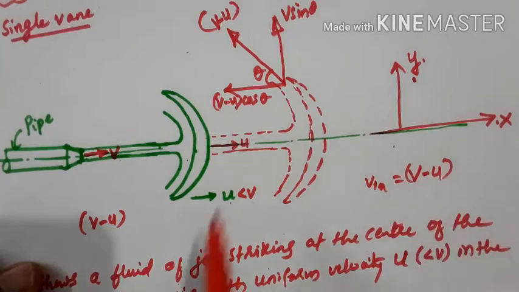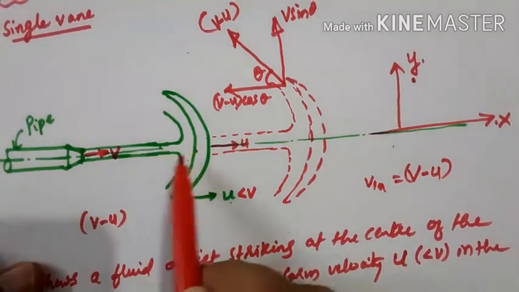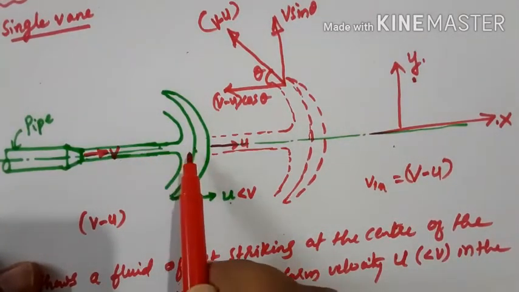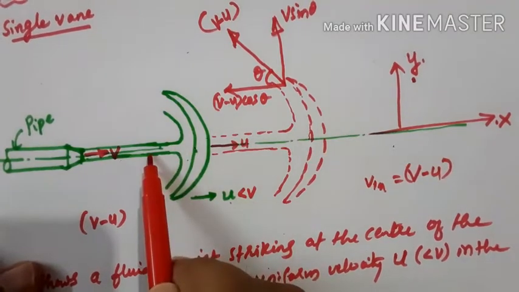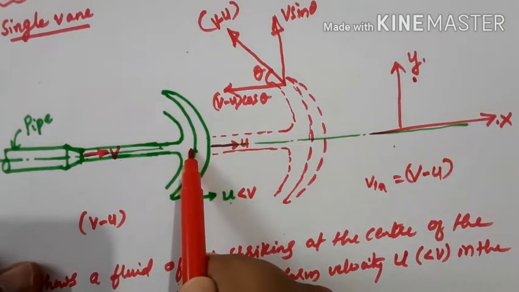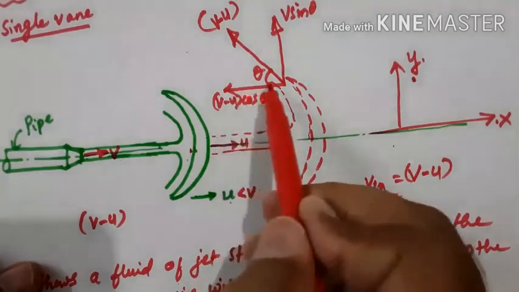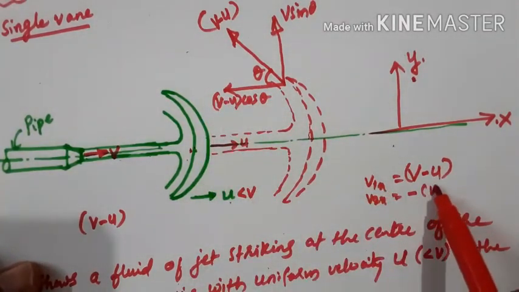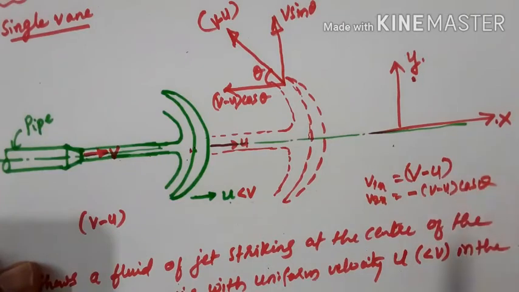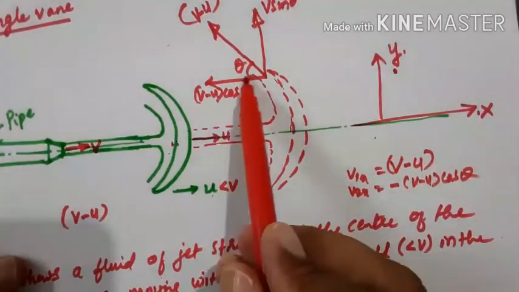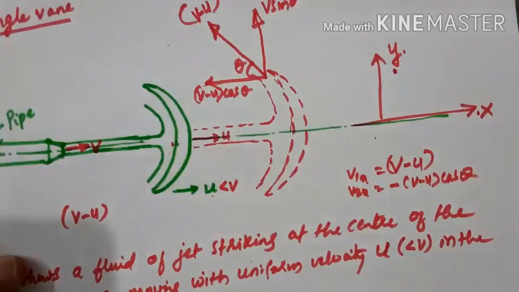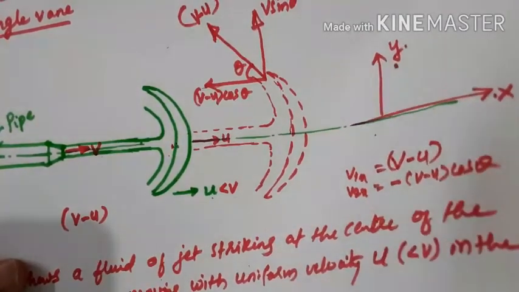This is the velocity with which it is striking. When it strikes, it becomes v minus u, that is a relative velocity. With relative velocity it is striking. Then v2x is minus (v minus u) cos theta. We'll get this one, okay, in x direction.